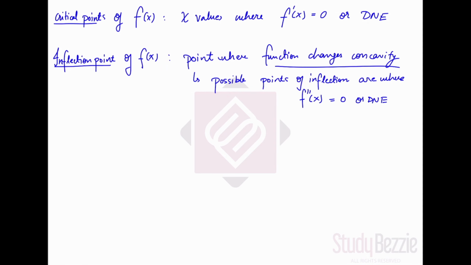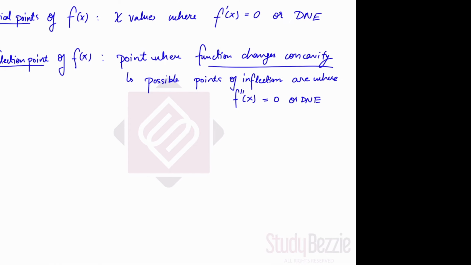Now I want to talk about the basic nature of a function, and what it means for a function to be increasing. A function f of x is increasing if f prime of x is positive. As simple as that.